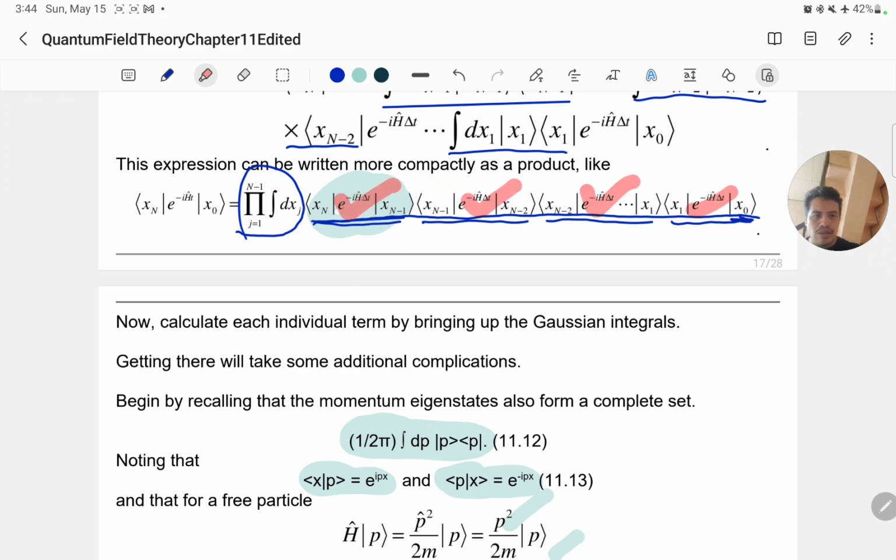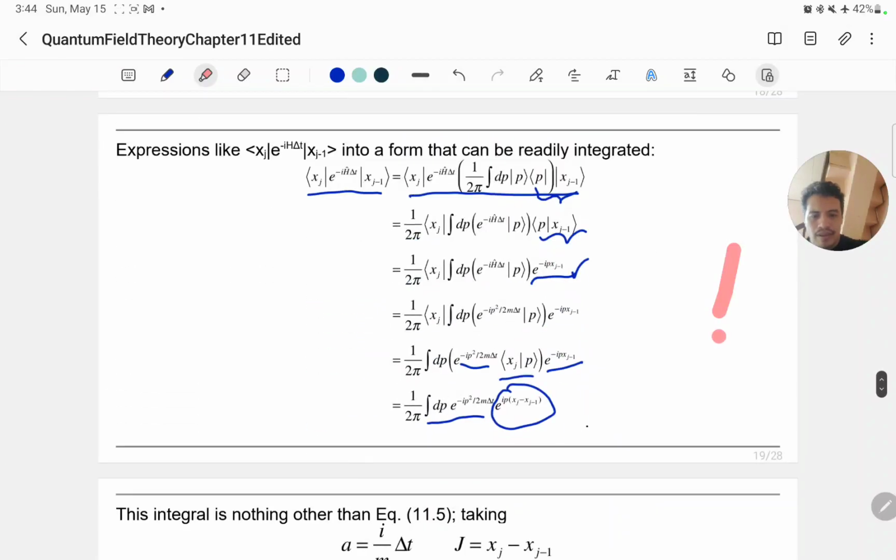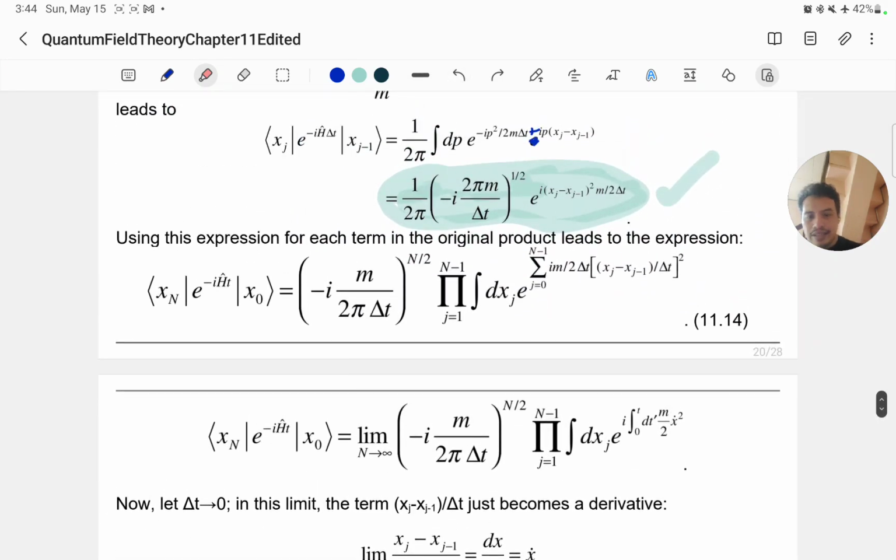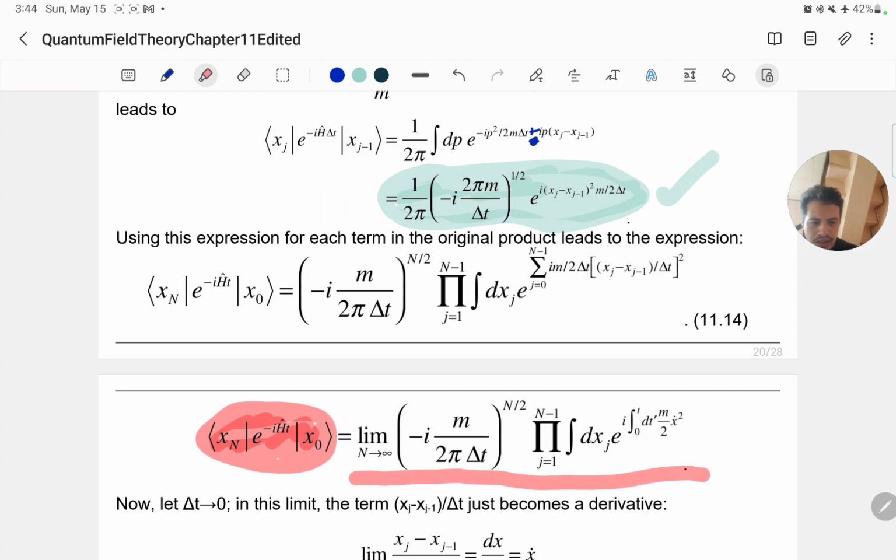For this one, and so on. You will have n terms of them, and so your amplitude, which is originally this one, can be written in terms of this. So you will have a product of all the i m over 2 pi delta t with this one, and this one also.